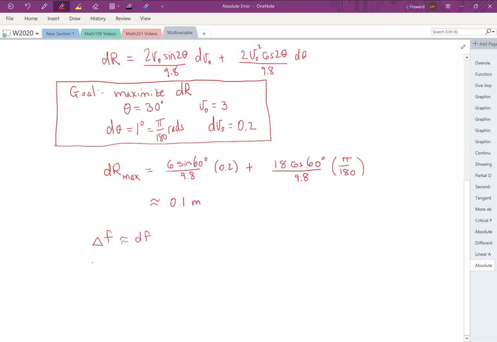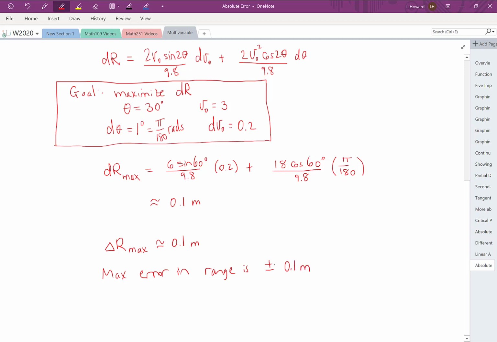So in this context, delta r is the actual error, and we're approximating that by dr. So based on that, we can say the error in r, delta r max, is approximately 0.1 meters. And then when we give our answer, we could say something like the maximum error in the range is plus or minus 0.1 meters.